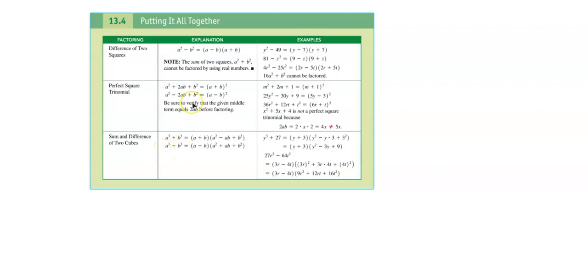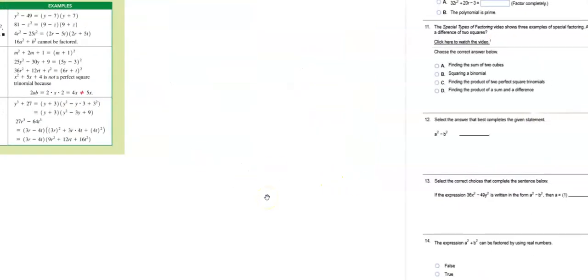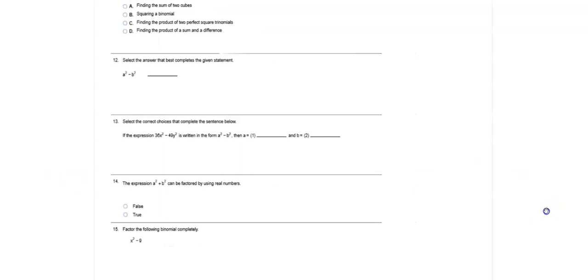And we also have perfect square trinomials that can be factored using the perfect square trinomial formulas. So let's get started with the questions that you'll see within that MyLab assignment.